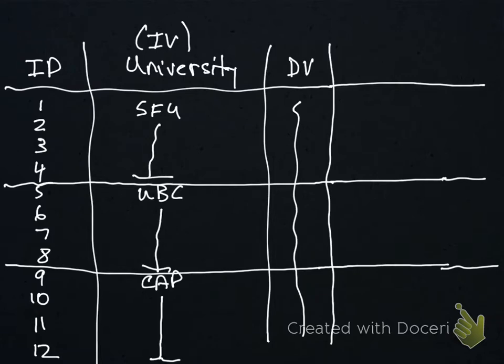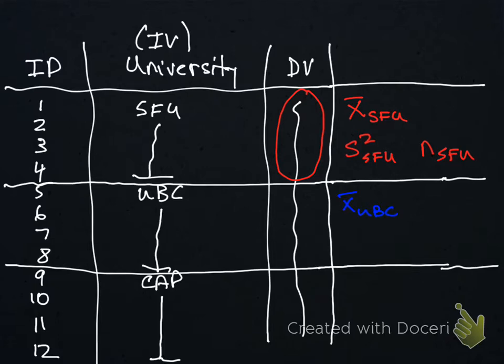So we might say for SFU, we have SFU's sample mean, SFU's sample variance, and SFU's sample size. That is, all of these statistics would be calculated off just SFU's 4 scores here. Likewise, we can think of UBC as having its own sample mean, its own sample variance, and its own sample size.